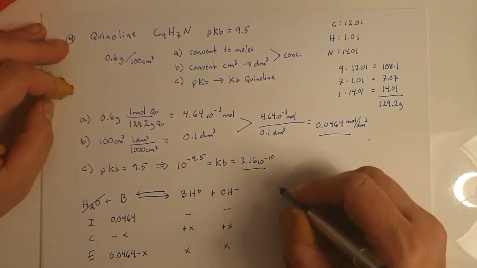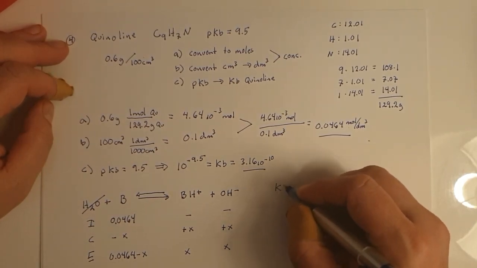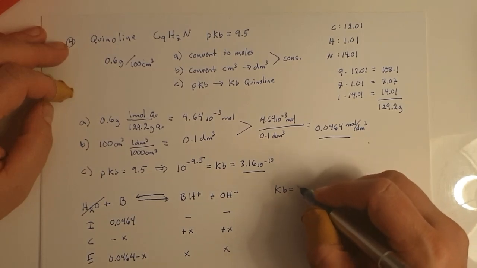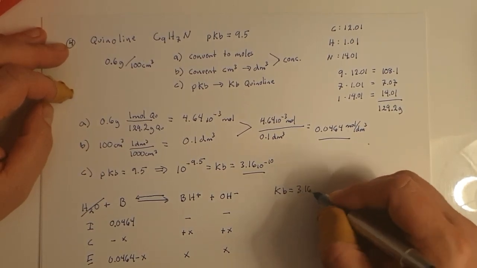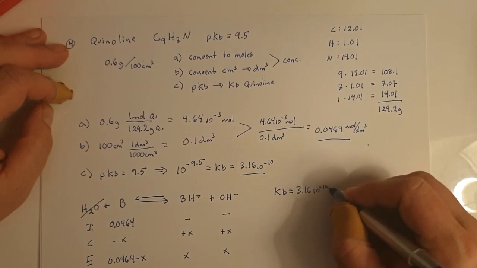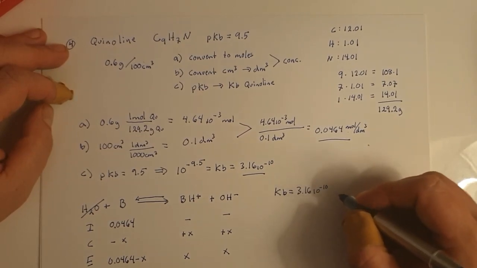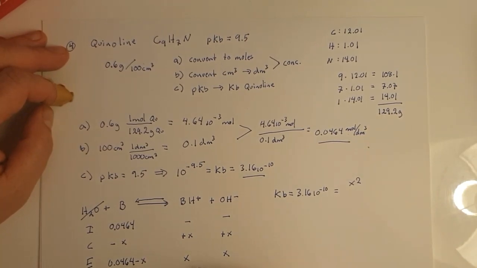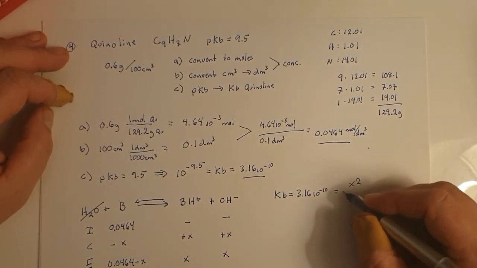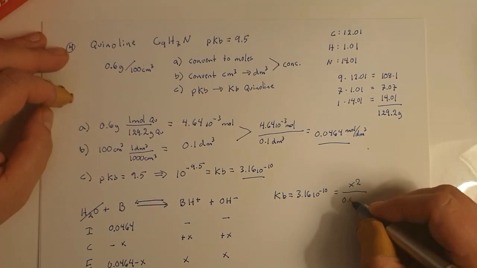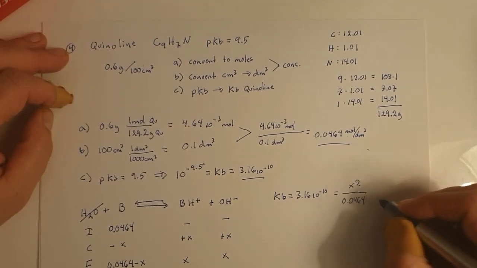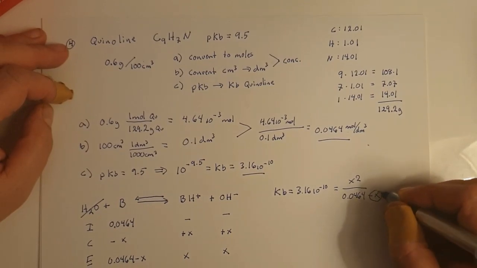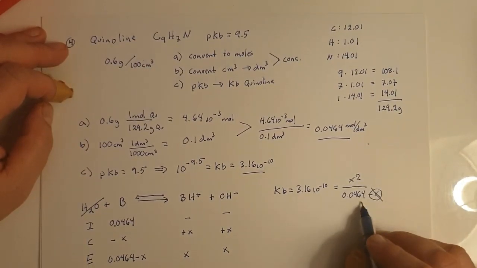And we can write the Kb expression in the following way. Kb equals 3.16 times 10 to the minus 10 equals x squared over 0.0464. And remember, there is an minus x here, but we're going to assume that it's so small that it doesn't change this value.